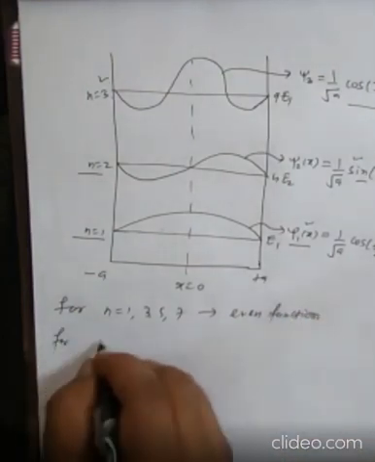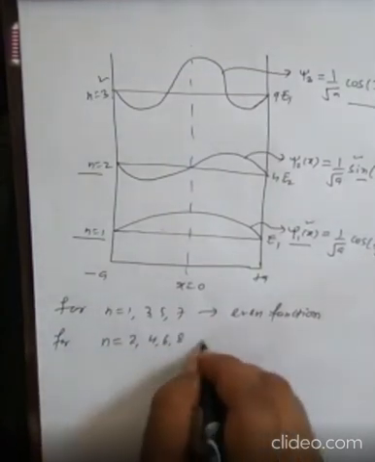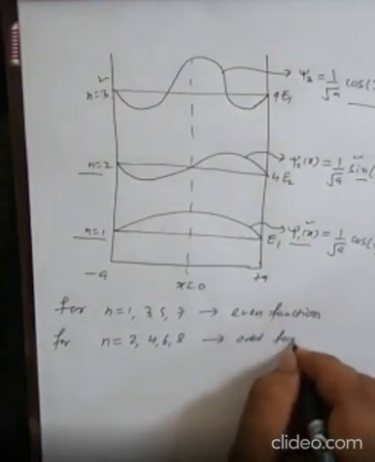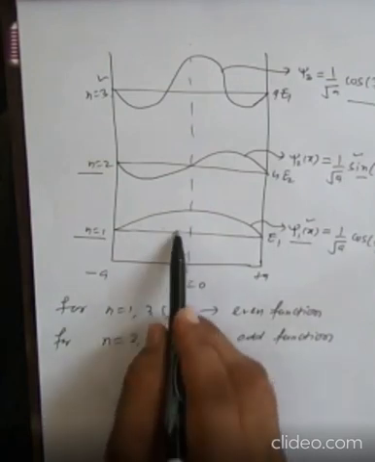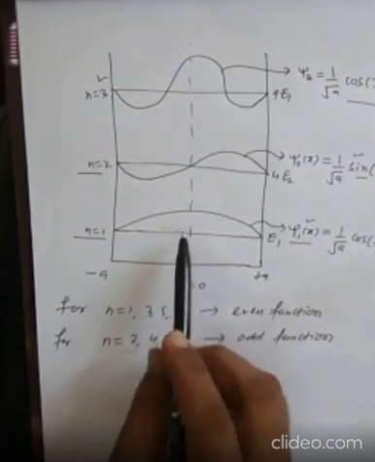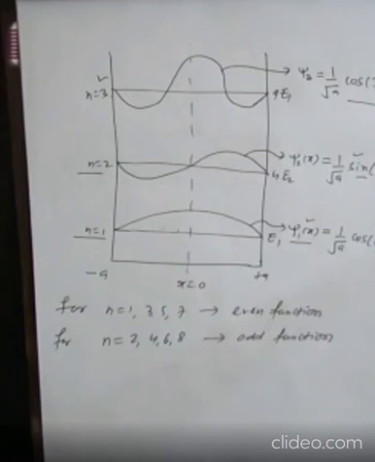And for 2, 4, 6, 8, the solution will be an odd function. So by using this wave function, we can get the probability distribution of the particle in the different energy levels.